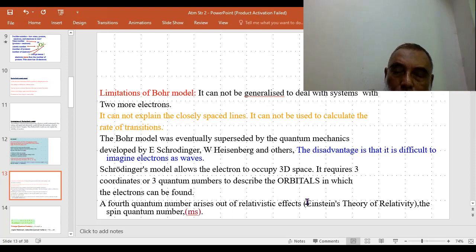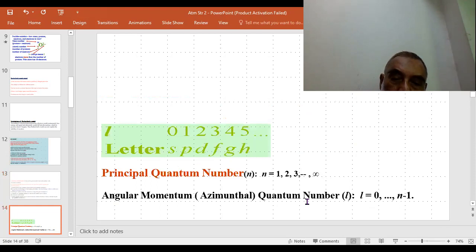If one is given plus half spin, that is positive spin, then the other electron will have minus half spin, and thus the 4 quantum numbers were assigned to a particular electron. Pauli showed that no two electrons in an atom can have all 4 quantum numbers identical.